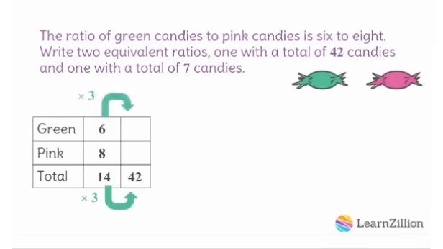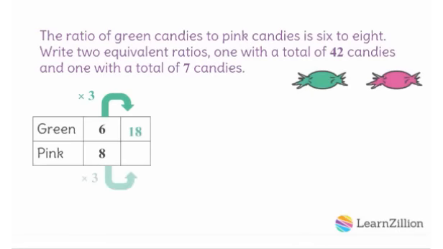Since we multiplied our total by 3, we also have to multiply each of our green and our pink candies by 3. So when we multiply our green candies by 3, we get a new quantity of 18 green candies. When we multiply our pink candies by 3, we get a new quantity of 24 pink candies.